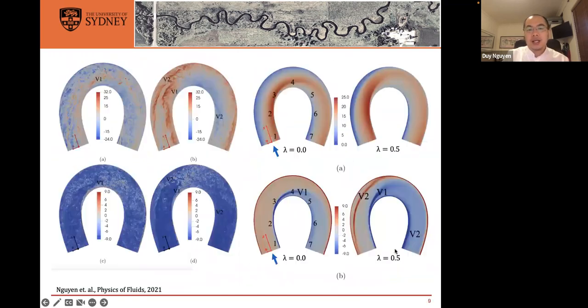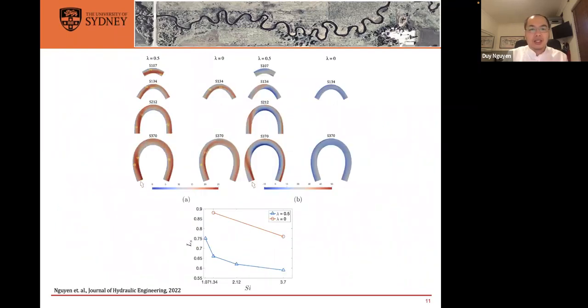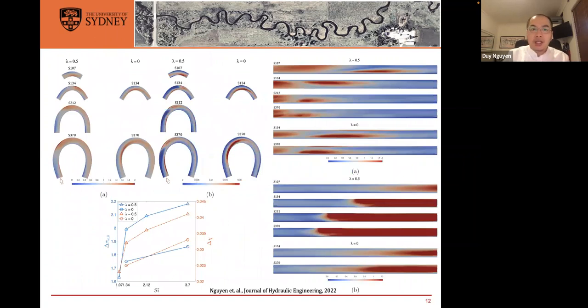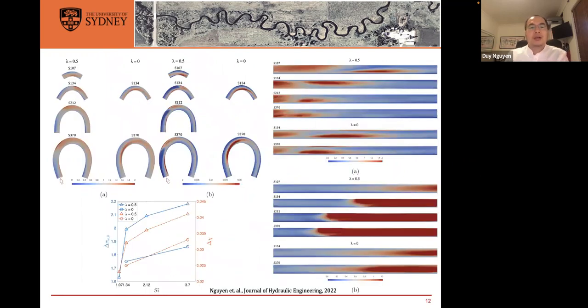Coming back to all three papers here, the first one with the sharp meander, the second one when I change the curvature, and the last one when I change the sinuosity, we can see that changing any of these geometric parameters influences not only the turbulent activity and turbulent intensity, but also the flow characteristics, the temperature profile, and the shear stress in the channel.